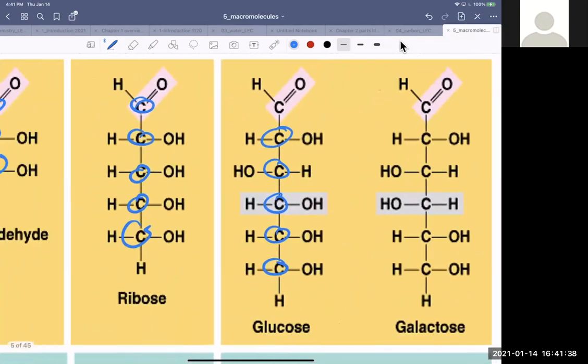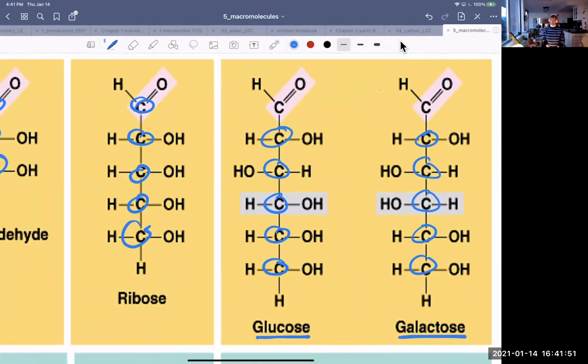And one thing you'll notice here, there are 2 hexose sugars. What is the difference between them? Glucose and galactose. They're both 6 carbon. Katie? Yes, you do need to know the formulas of sugars. You don't need to know their spatial arrangements.